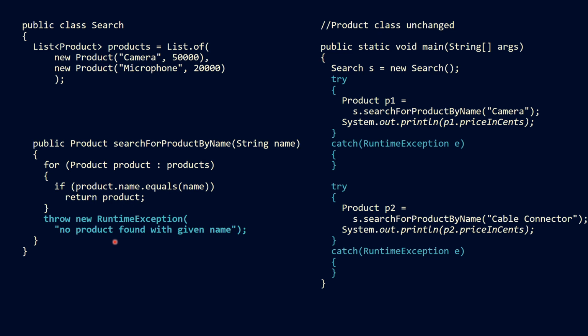This looks good from the search class point of view, but when we see how we use the code, we have to provide lengthy try-catch blocks to make sure that we do not print out any information of the product. So from the point of view of the user of our search class, it's not a good solution in this case. Exceptions may be a good solution, particularly when dealing with errors. This is a great thing. But in this case, it's not such a good solution, I think.